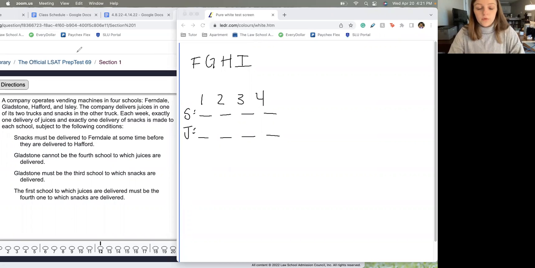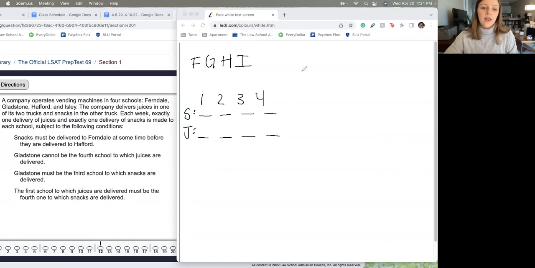So let's go into our rules. Our first rule says snacks must be delivered to F at some time before they're delivered to H. So this is really good because it kind of isolates the 2 categories, our 2 groups, S and J. So we're just focusing on our snack line. So for the purpose of this rule, I'm just focusing on this one line.